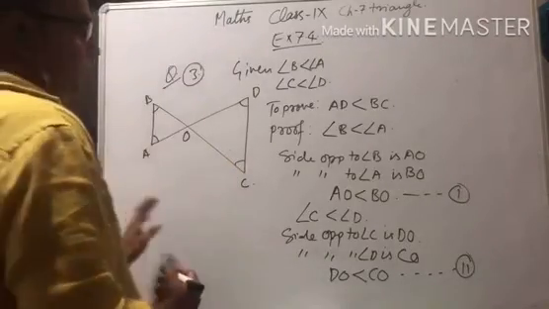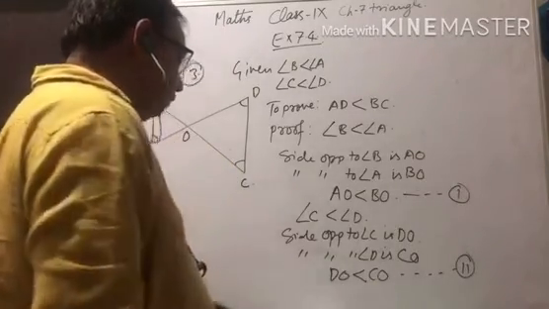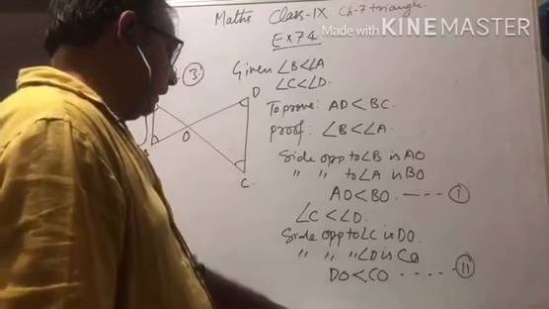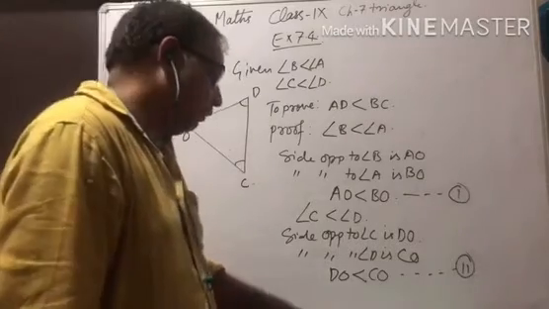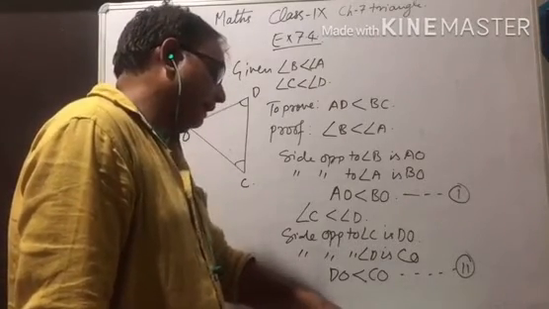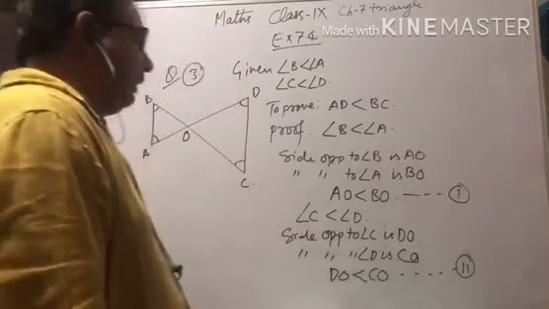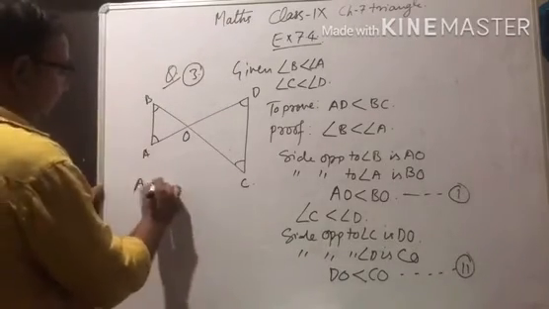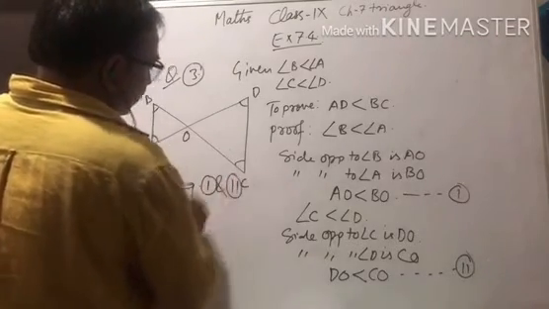And we know the theorem 7.6: if two sides of a triangle are unequal, the angle opposite to the longer side is larger, and theorem 7.7: in any triangle the side opposite to the larger angle is greater. So now add equations 1 and 2.